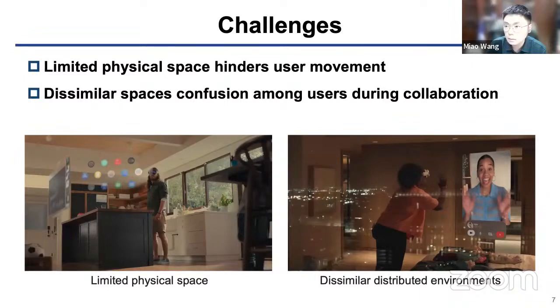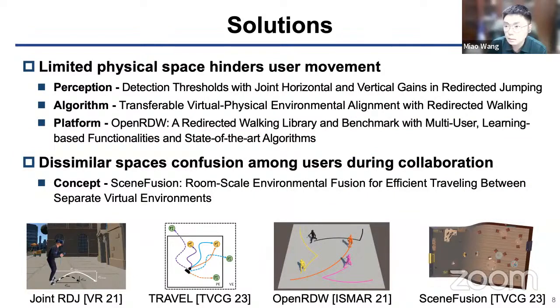Firstly, at the perception level, we measure the perceptual gains and the potentials for the research. At the next level, we align the virtual and the physical environments that the user is working with.